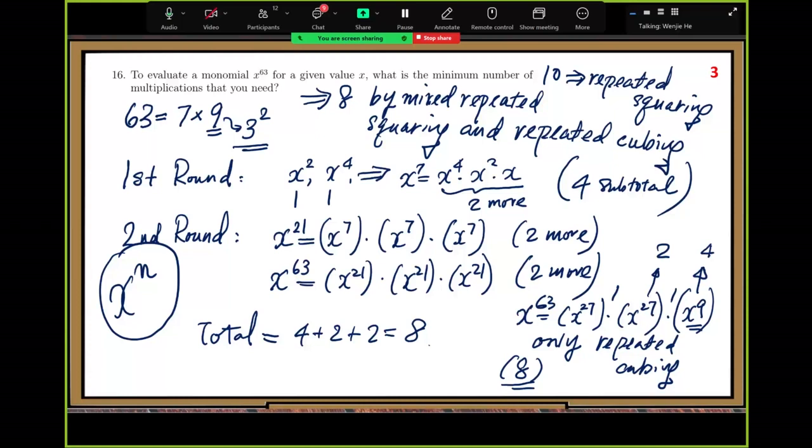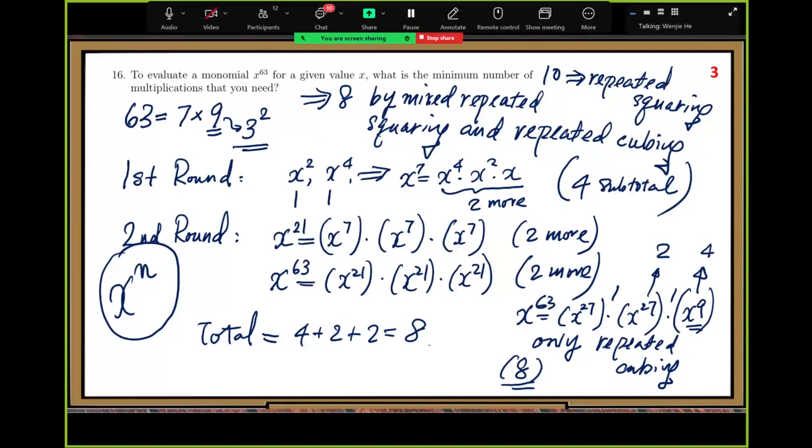Sometimes repeated cubing gives you the best solution. And sometimes you mix repeated squaring and cubing, and you get the best solution.